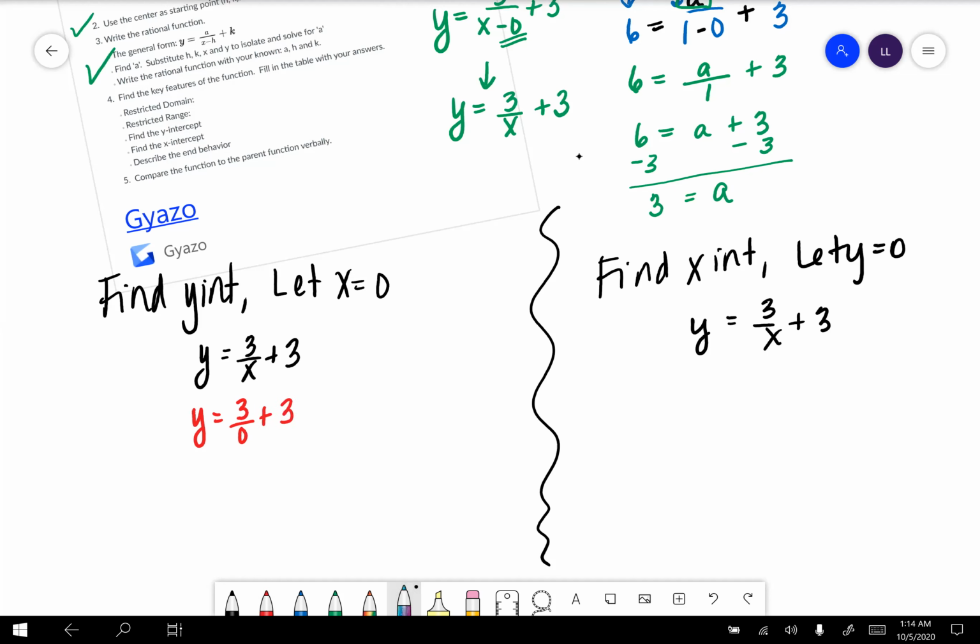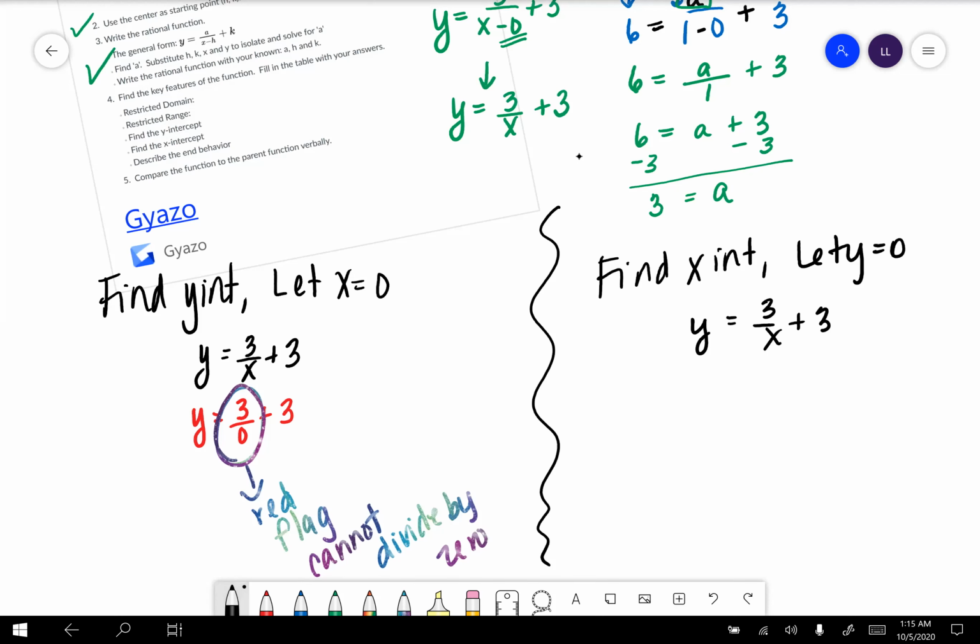Ooh, flag on the play. That's a red flag. I cannot divide by 0. For that reason, there is no y-intercept.